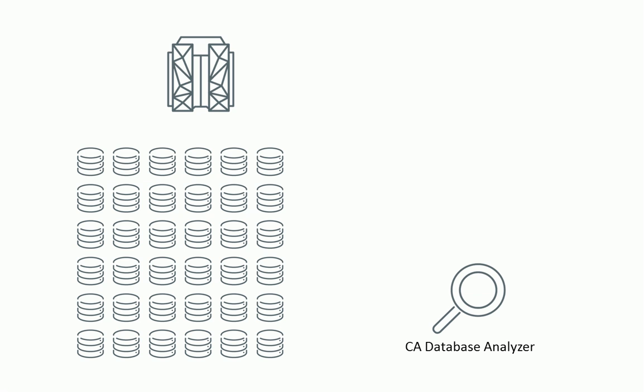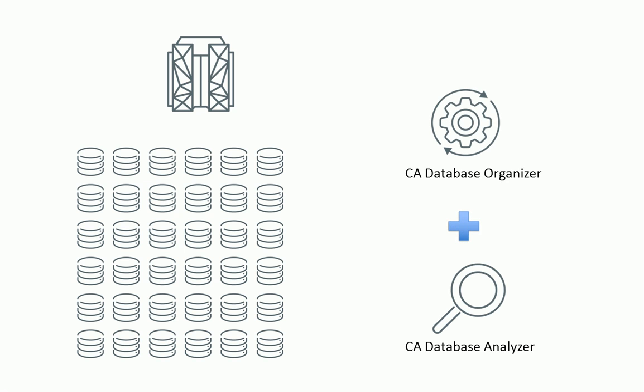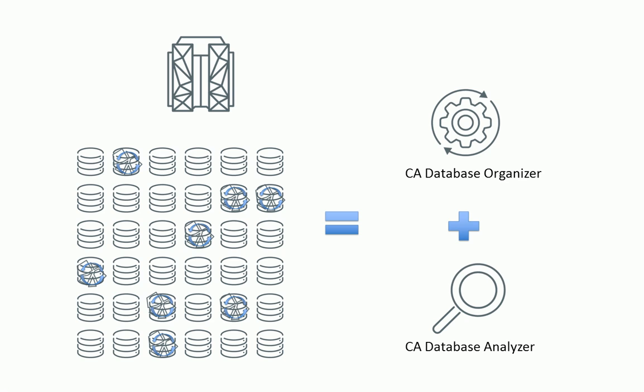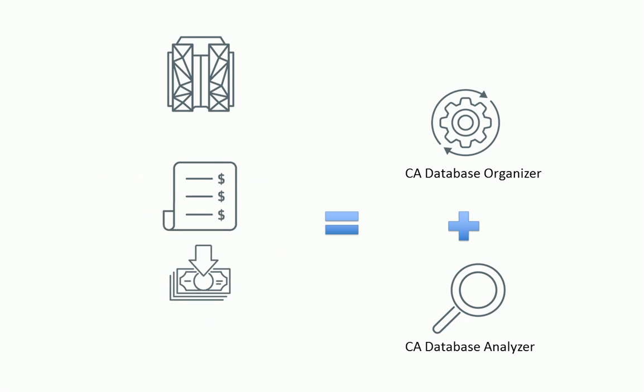Using CA Database Analyzer and CA Database Organizer, you can avoid performing unnecessary IMS database reorganizations. You reorganize only those databases that really need reorganization, which reduces your CPU consumption, thus resulting in savings to your mainframe costs.